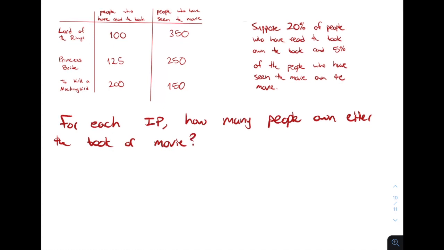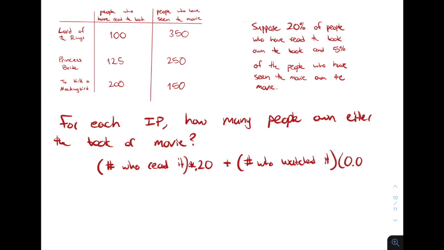To answer this, for each IP, you could multiply the number who have read it by 0.20 and add the number who watched it times the 0.05.